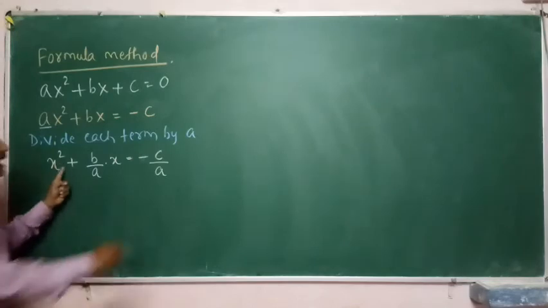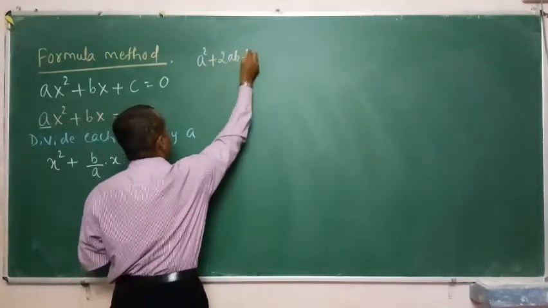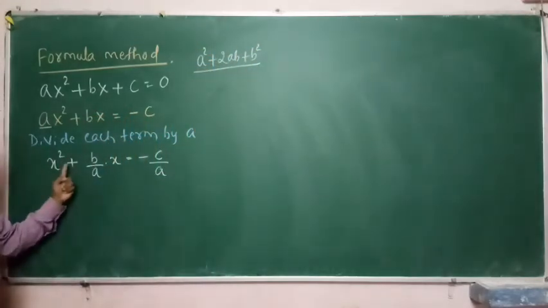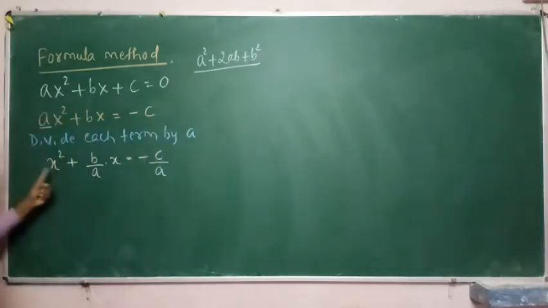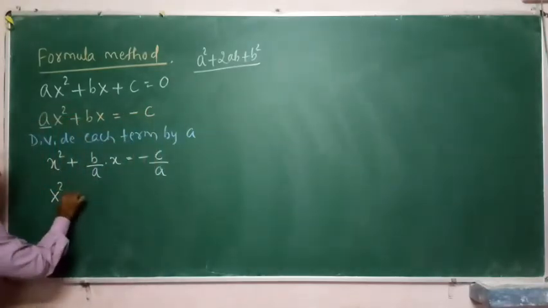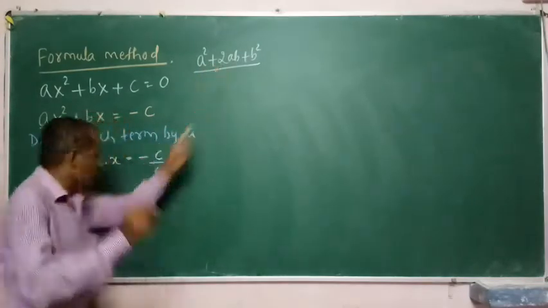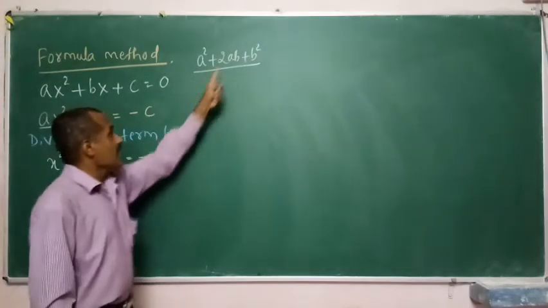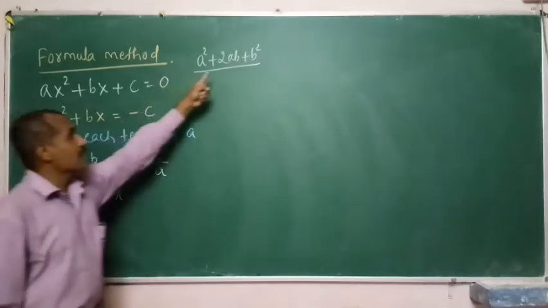Okay, I have to bring the LHS in the form of a square plus 2ab plus b square. This form I have to bring because plus is there. So I want plus here. x square as it is, plus 2, I want an extra 2. I will write here into 2 into a, a meaning x, into b.